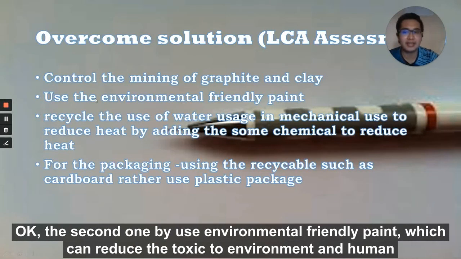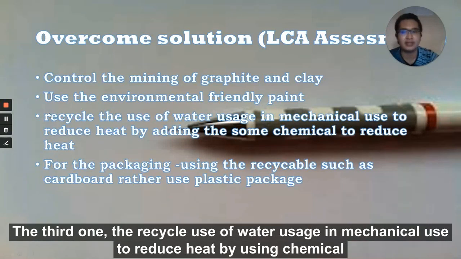Okay, the second one is to use environmentally friendly paint, which can reduce the toxicity to the environment and also to humans. The third one is recycled use of water in mechanical use, to reduce heat by adding some chemical.